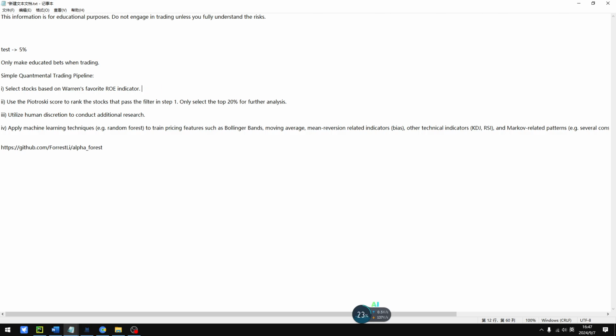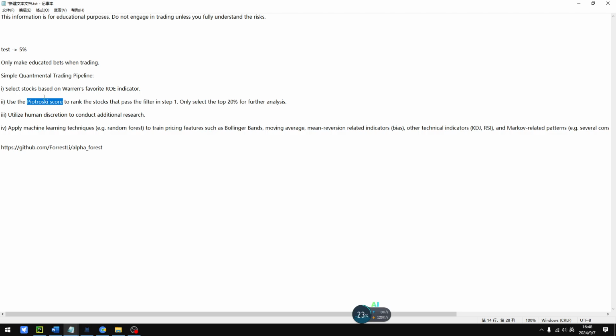After we select the companies with a nice ROE, Buffett also mentioned he used dozens of metrics to gauge the financial health of the related companies. He had mentioned some of those ratios, and later on, Mr. Piotroski came up with nice ideas about the Piotroski score to rank the stocks.